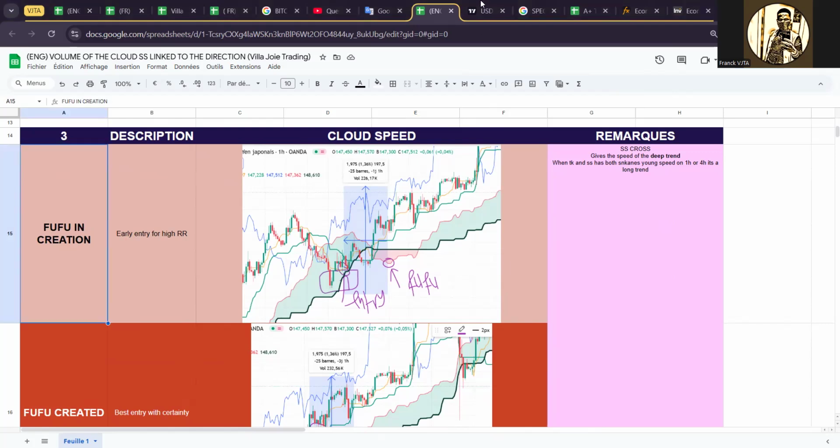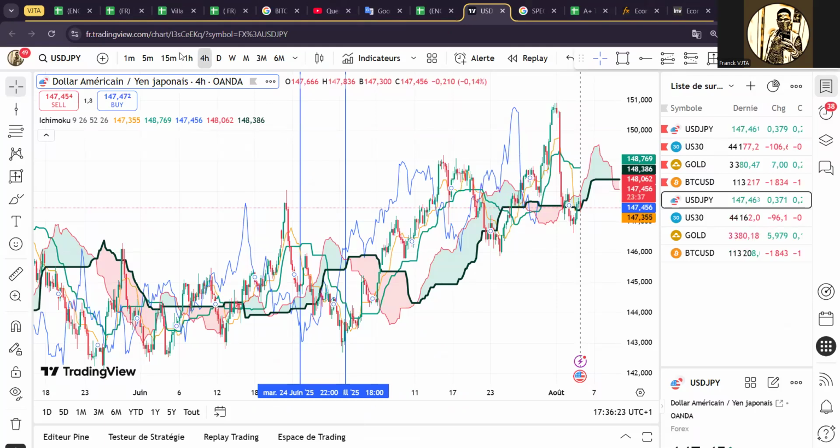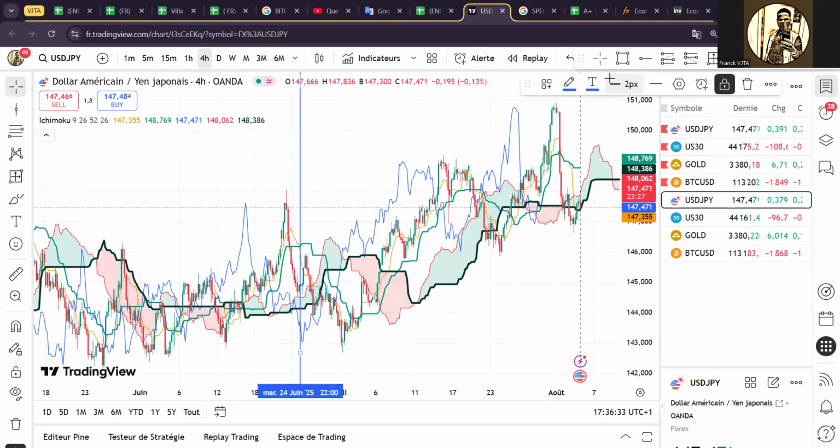Let us start with Fufu in creation, the first step. Let me erase this line and this line.